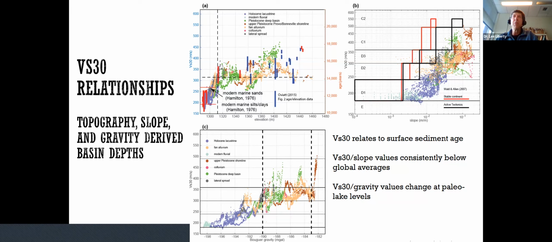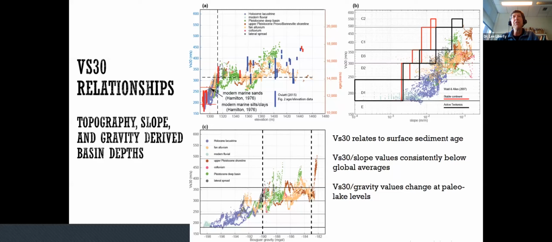Of course, the motivation that Wald and Allen had is if you can come up with these relationships, you can measure slope from surface topography and estimate the shear wave velocity. The point here is that the velocities are much lower than the global averages they put together.